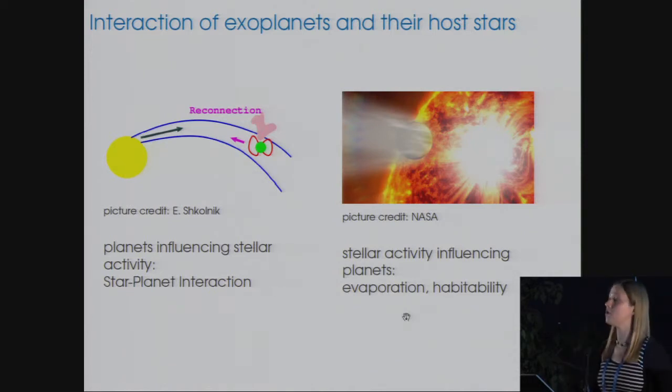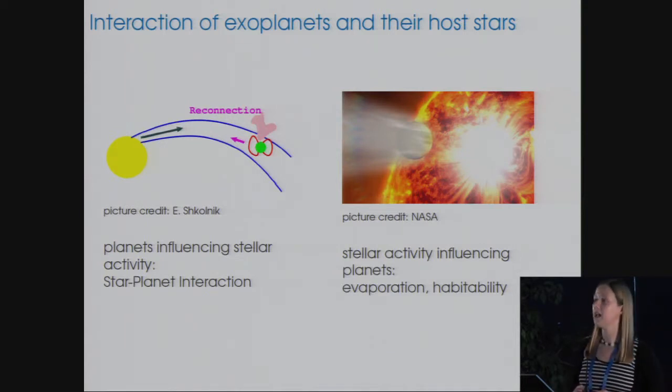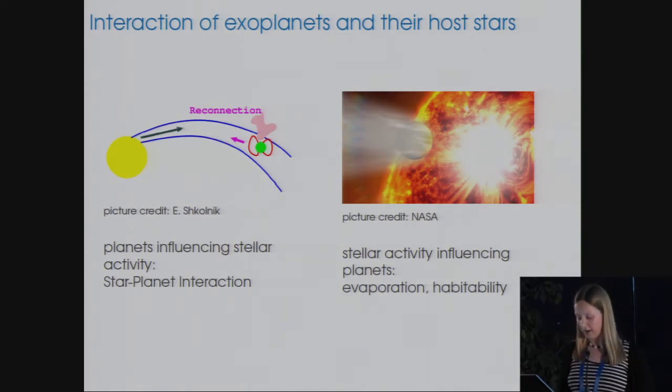There's, of course, also the influence that stellar magnetic activity has on exoplanets. This can have quite strong effects on the evaporation of exoplanetary atmospheres and also habitability. I will talk about this part a little bit at the end of my talk, but we will first focus on the other direction.